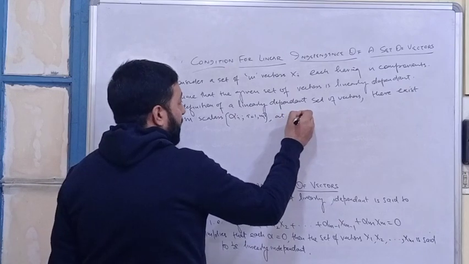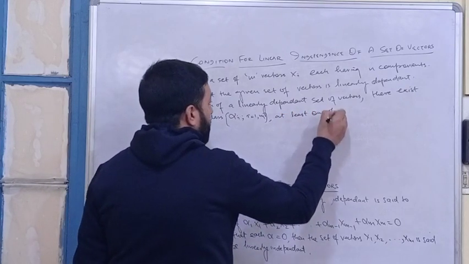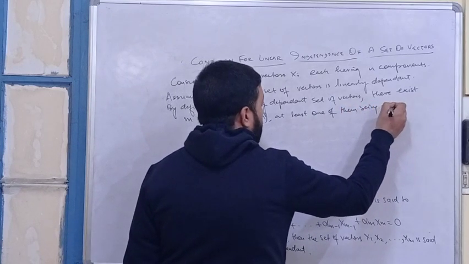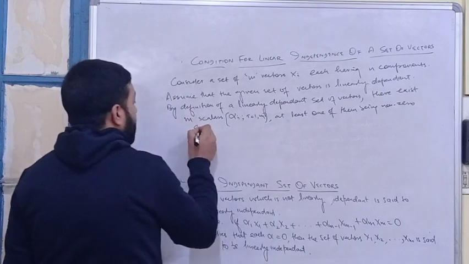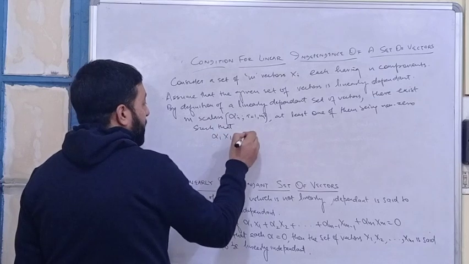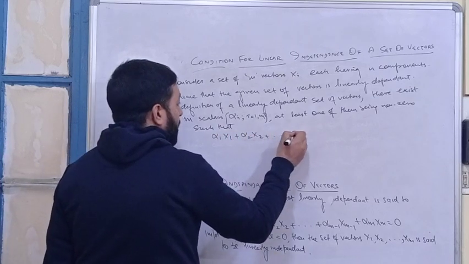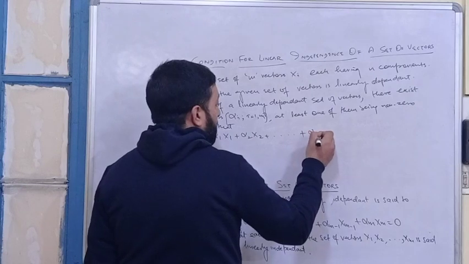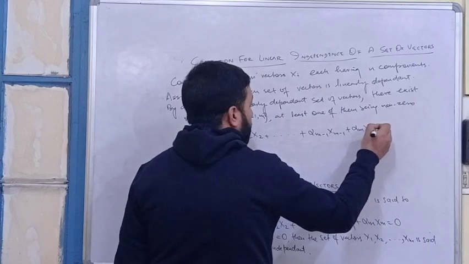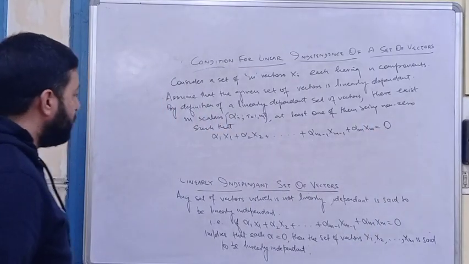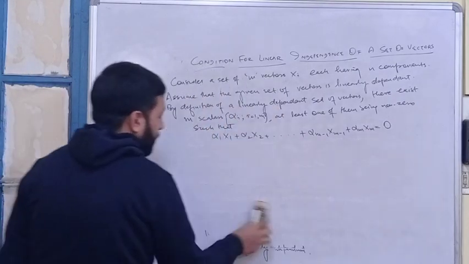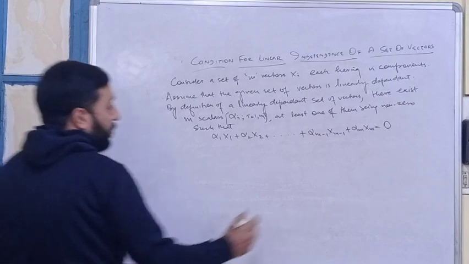At least one of them being non-zero, such that alpha 1 x1 plus alpha 2 x2 plus so on, alpha m minus 1 x m minus 1 plus alpha m x m equal to 0. है ना? Yes, sir. सही है? Yes, sir. We call this equation 1.